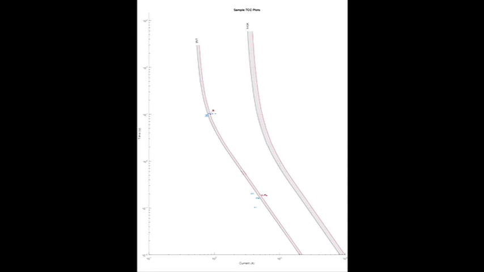So if we took our 25T and our 140K, and we wanted to know how much time difference there would be if they were to both operate under fault conditions for 1000 amps, what we'd want to do is look at the two lines that were closest to each other. So the red line in the lower fuse and the black line on the upper.